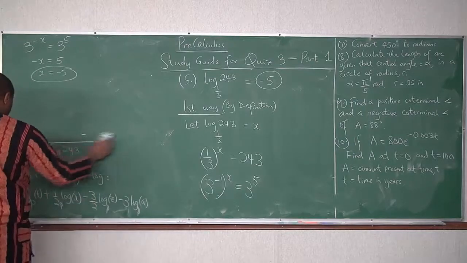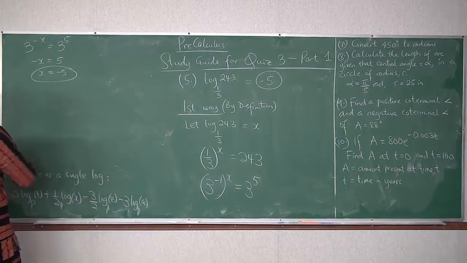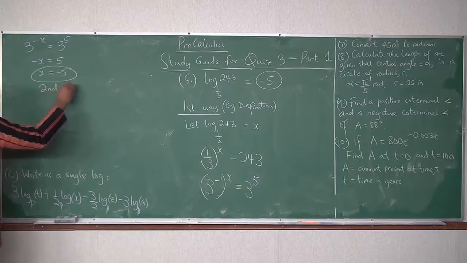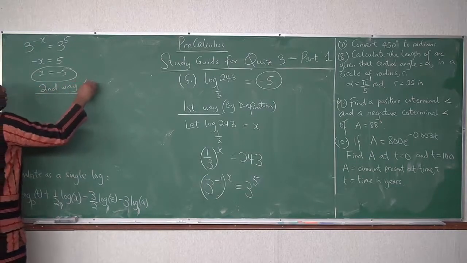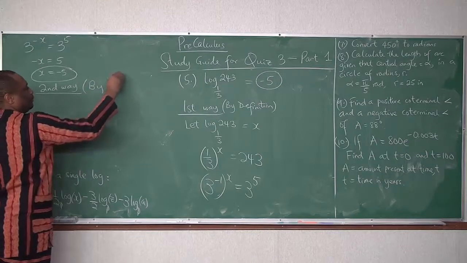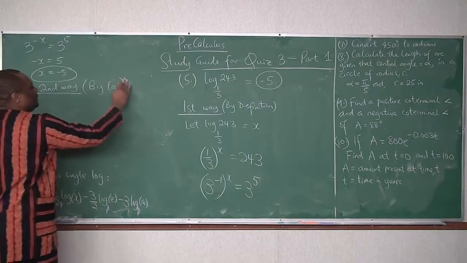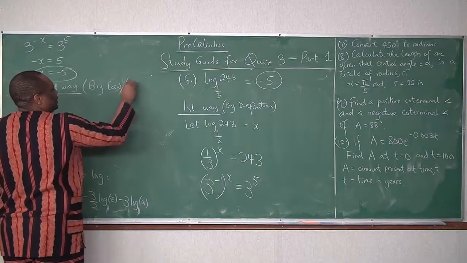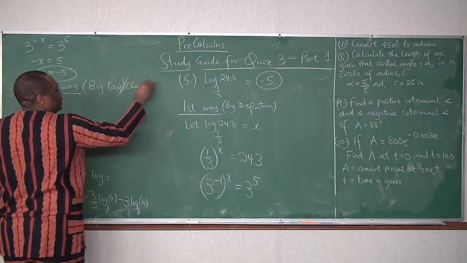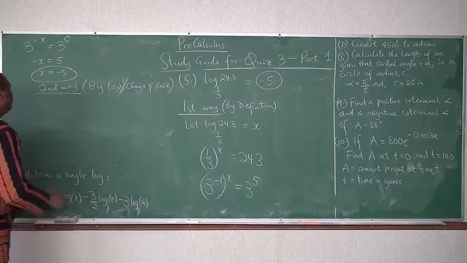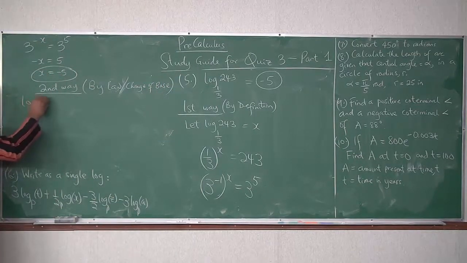Now, let's do it the second way. Second way of doing it, by law of logarithm, by change of base. So we have log 243 base 1 over 3.